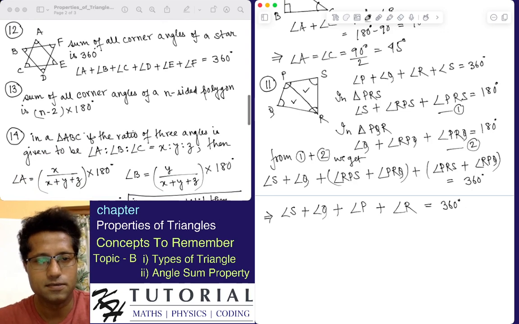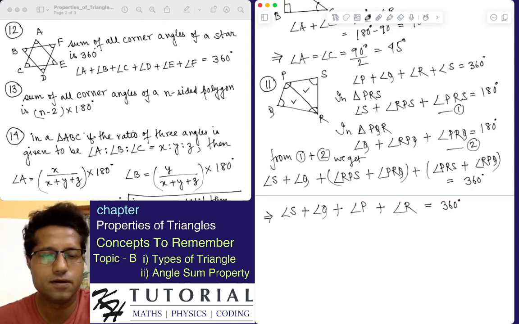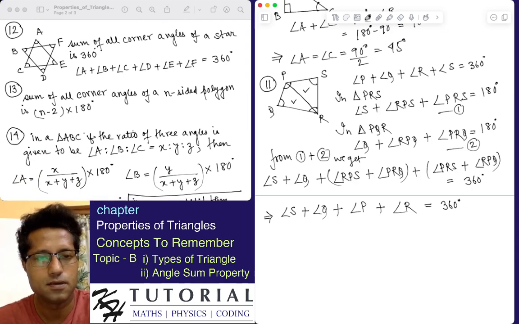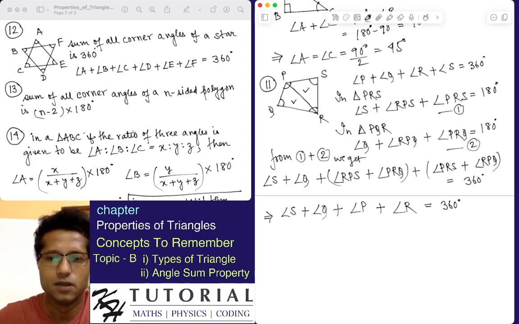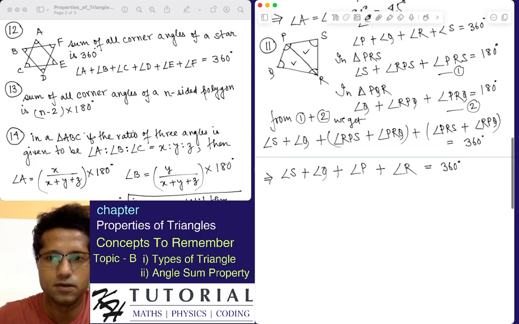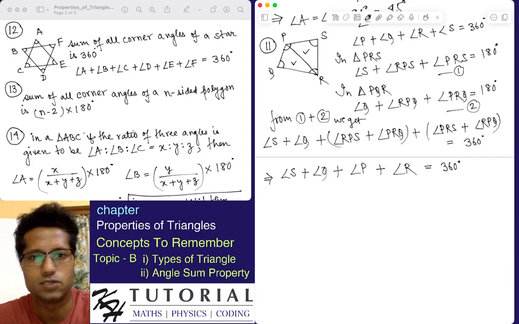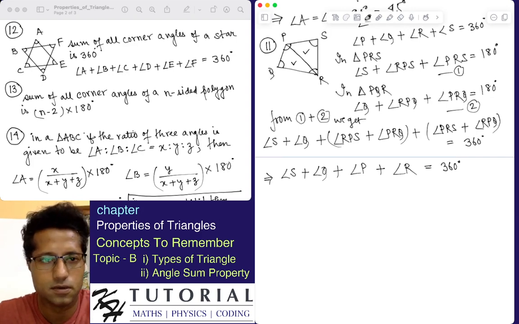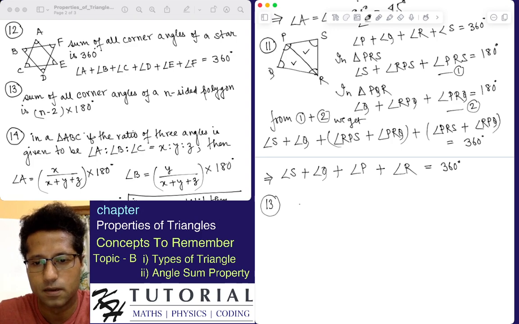Point number 13 says the sum of all corner angles of an n-sided polygon is n minus 2 into 180 degrees. So what is an n-sided polygon? A quadrilateral is a four-sided polygon. A five-sided polygon may look like one side, two, third, fourth and fifth side.